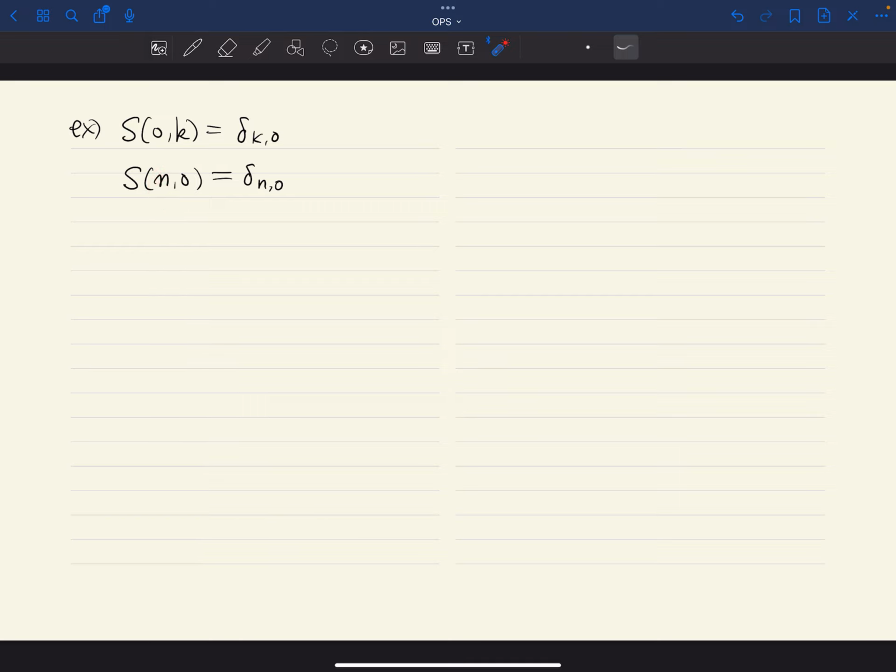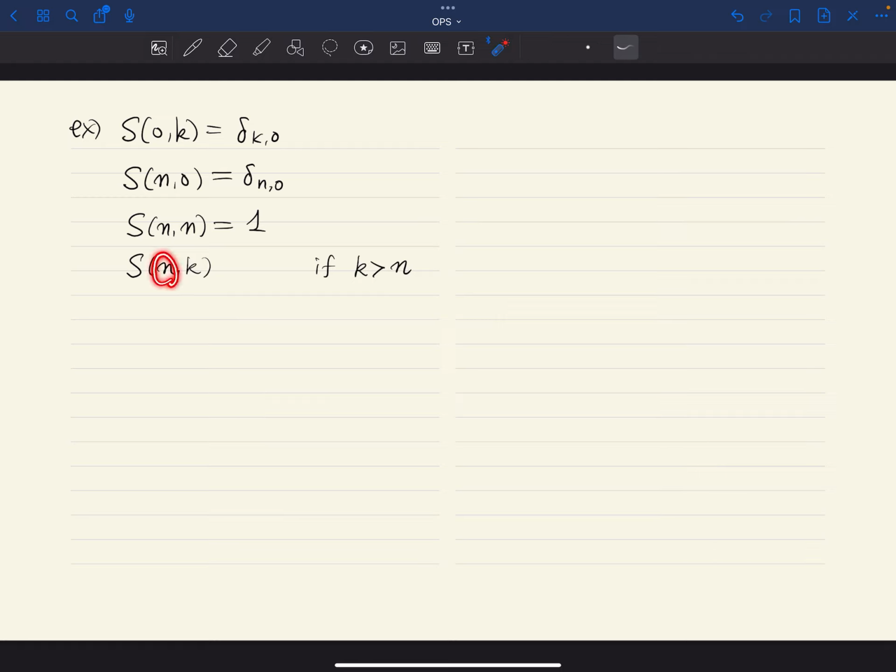So it's also true. And what is S of n comma n? Set partitions of n with n blocks. Each block must have only one element. That's the only possibility, so it's always 1. And what about S of n comma k if k is bigger than n?